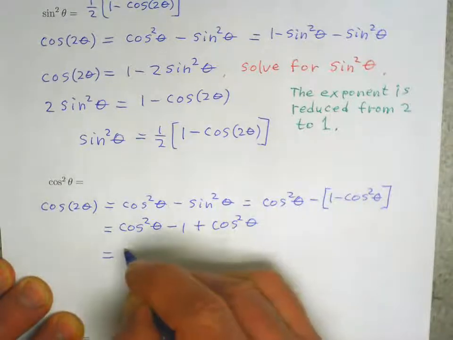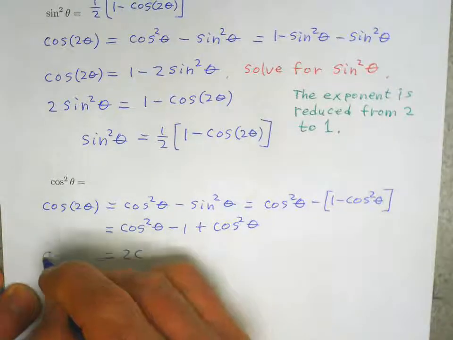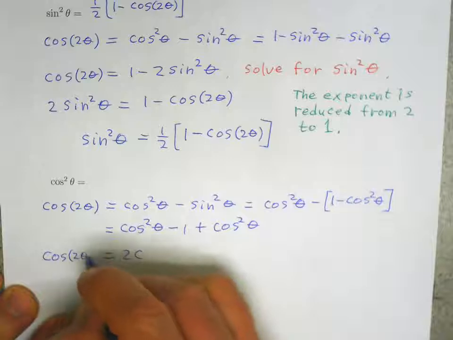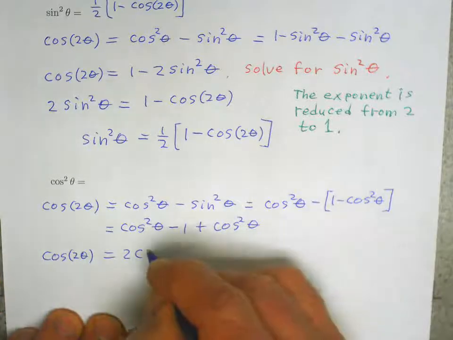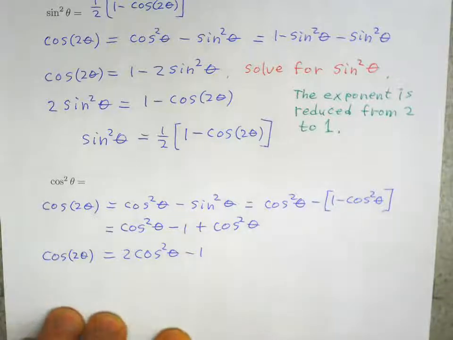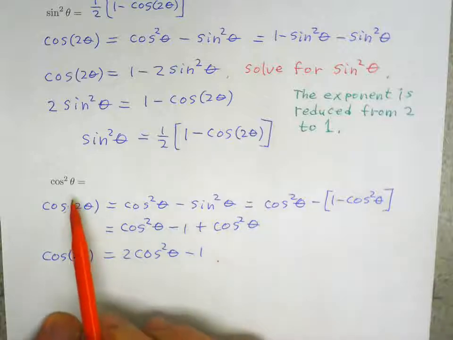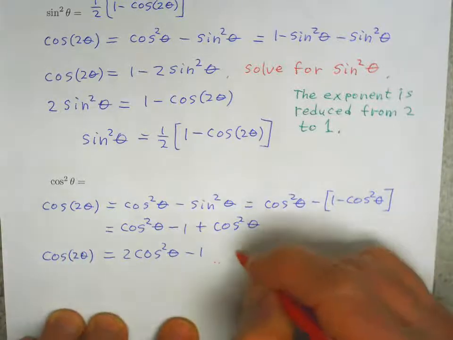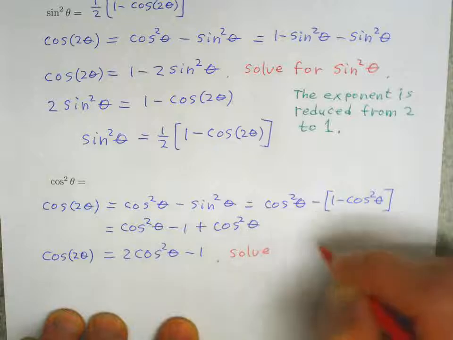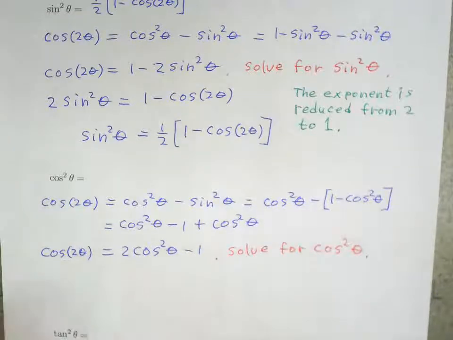And so we get that cosine of 2 theta is equal to 2 times cosine of theta squared minus 1. So we're trying to come up with an expression for cosine of theta squared, so we're just going to solve this equation for cosine of theta squared. Well, that's not hard to do.